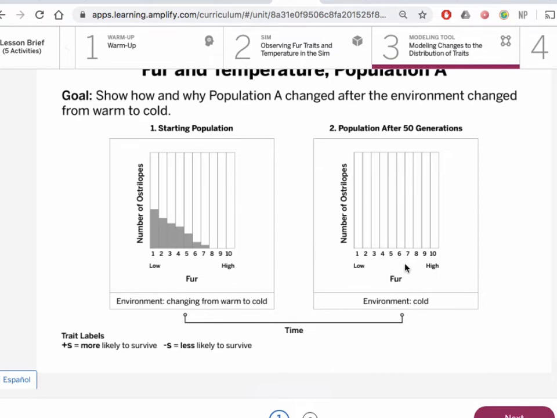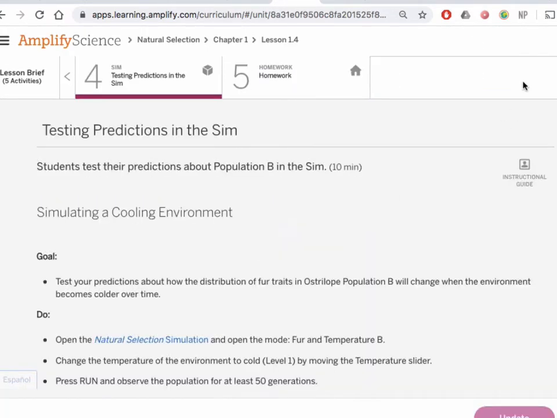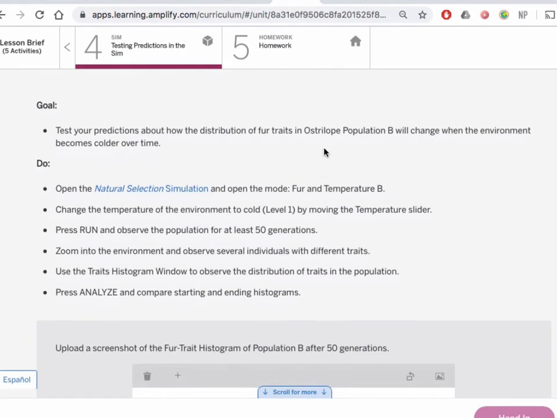Unfortunately, we don't have the physical blocks that we had in school, but in your head, you can make a prediction about how this distribution would change. And then in part 4, you're actually going to test that under the mode fur and temperature B.